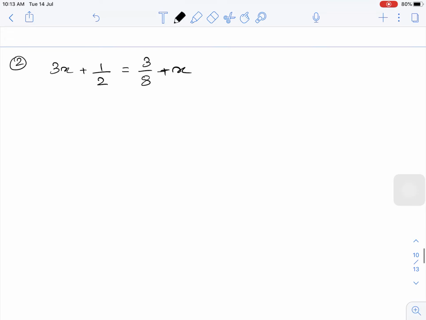Next example, now in this example we have 3x plus 1 upon 2 equals to 3 upon 8 plus x. Now here what we have to do, again same condition, x term is present on LHS also and on RHS. So we will bring these terms on same side and we will move these numbers on the other side.